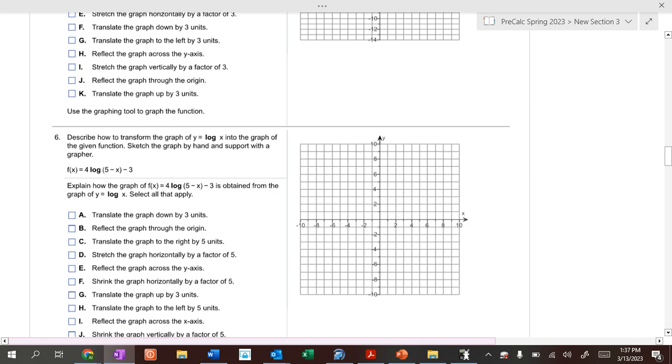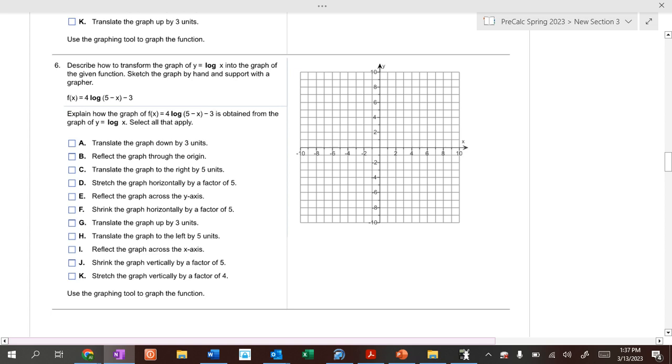So when you get down to ones like this, the 4 does what? Vertical stretch of 4. Because it's log of 5 minus x, we should go log of negative 1 times x minus 5, minus 3. So the negative 1 does what?